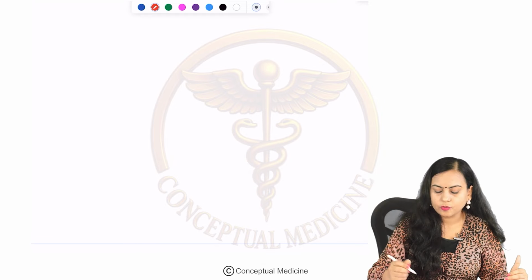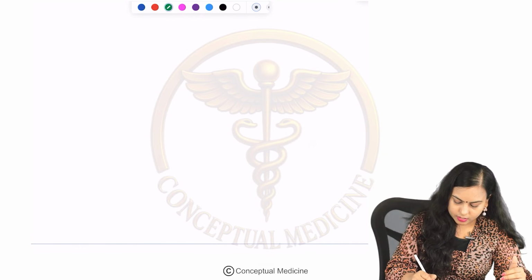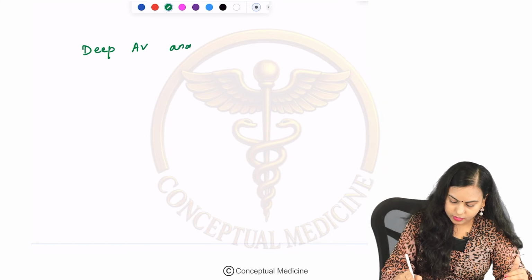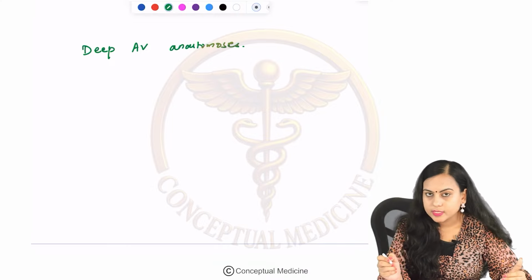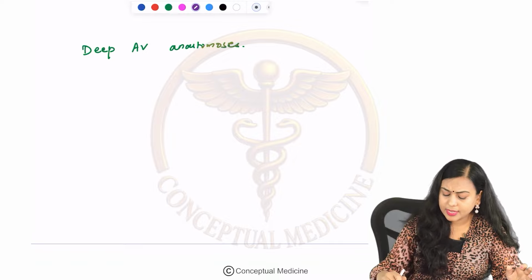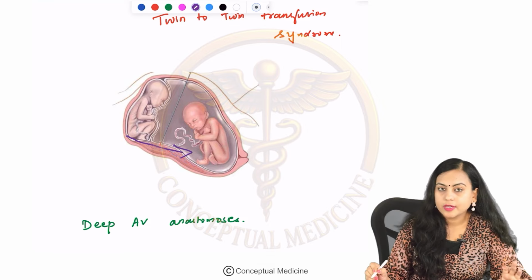Why does this syndrome occur? This occurs because of deep arteriovenous anastomosis in your monochorionic twins. And what is happening here is blood from one fetus will be constantly going to the other fetus.